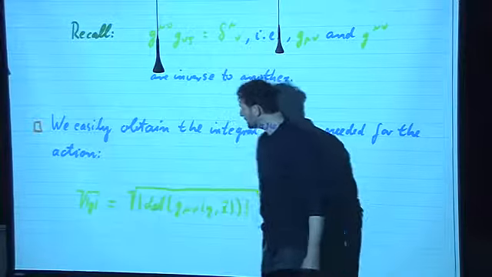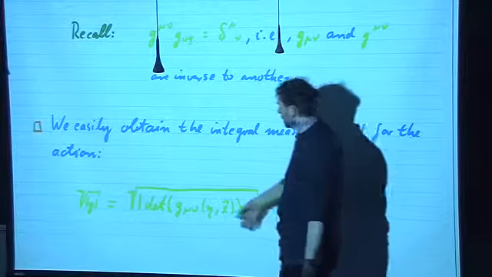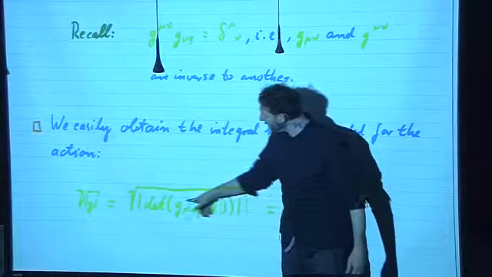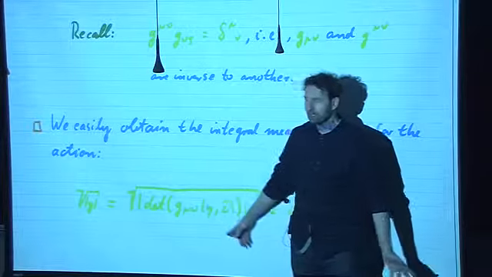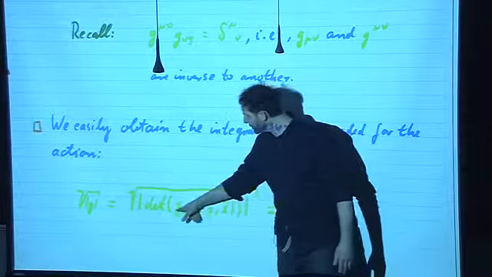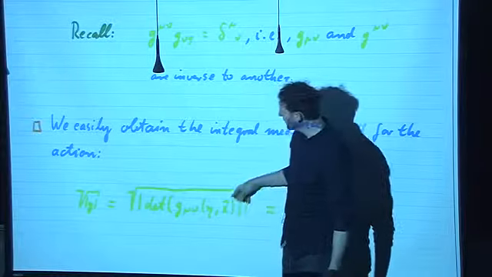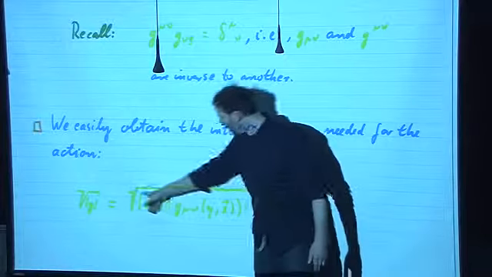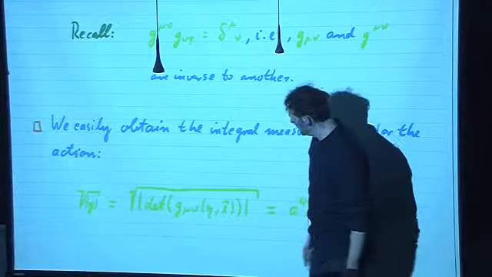We need to calculate the determinant of it. Well, what's the determinant of a matrix which has a squared up to minus signs? It has a squared on the diagonal only. So clearly, it's a to the 8th power. A to the 8th power is the determinant here, with a minus sign, but we take the absolute value of that. So it's still a to the 8th power.